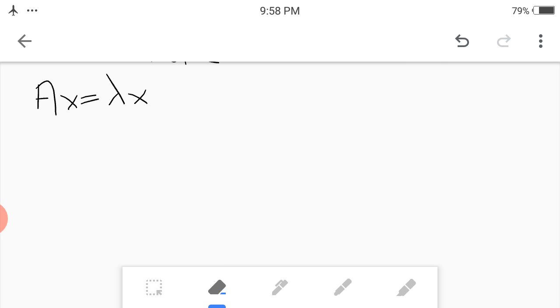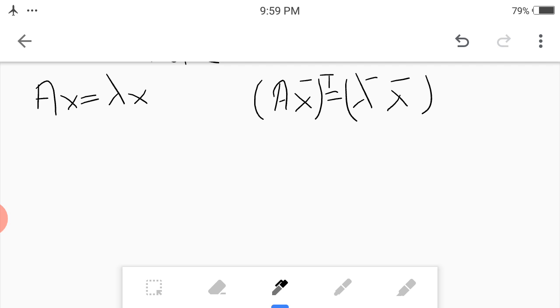We will assume the lambda is complex. So you can write one more equation saying A x bar equals lambda bar x bar. Here x bar is the vector corresponding to lambda bar. Let's now take the transpose of this.